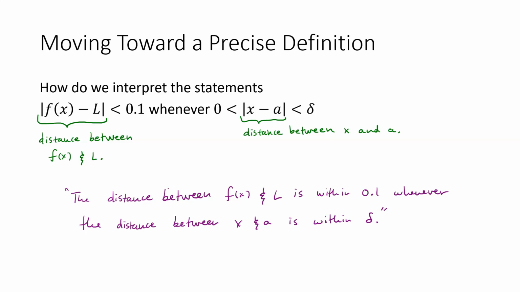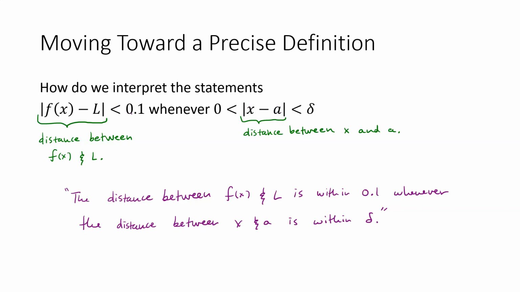Why is this an important notion to think about? For one, we were trying to find a more technical way to express the notion that f of x can be made as close to L as we want whenever x is sufficiently close to a.